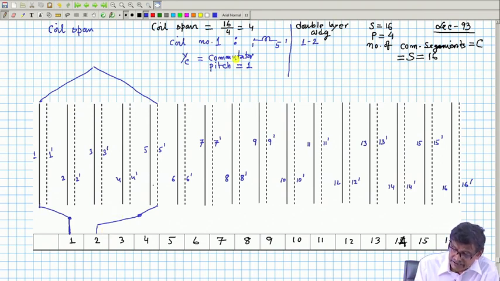Now, what will I do? I will start the next coil. I am drawing with another color so that you can easily distinguish. It should be connected in series. So, I have started my journey from this, come here, then I will connect it like this, and this 2 will be returning through 6 dashed.